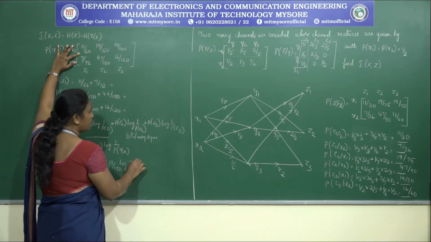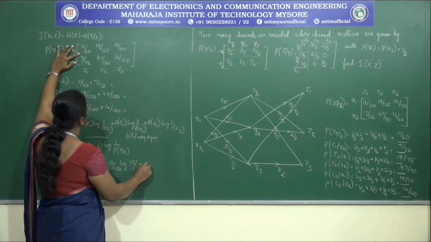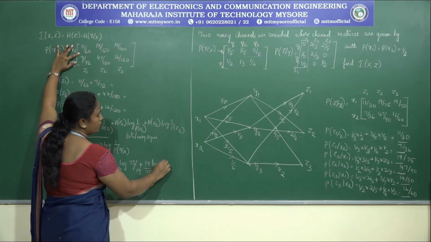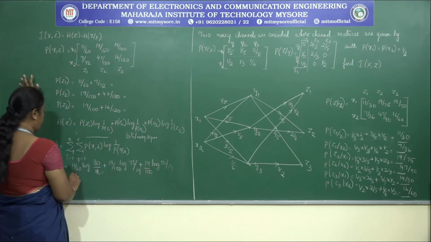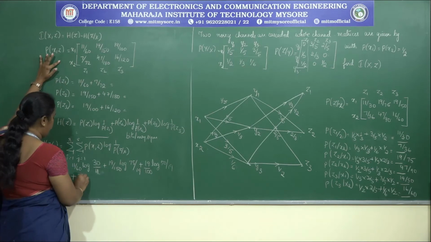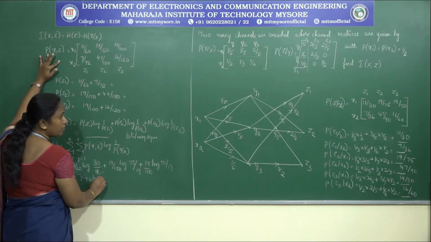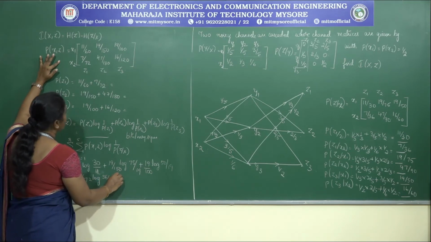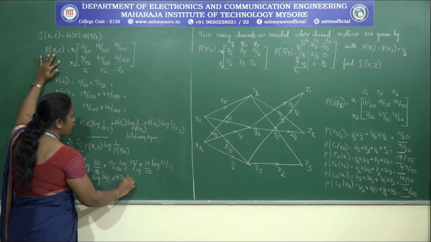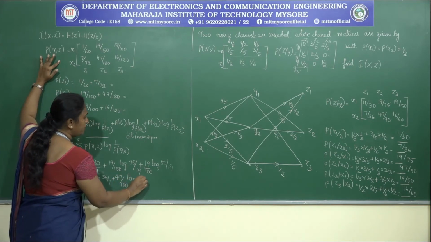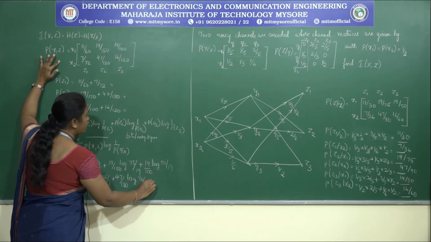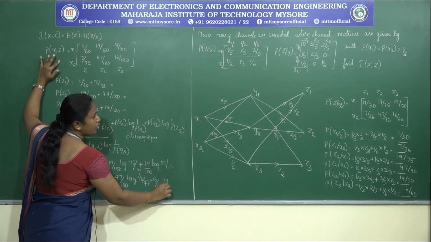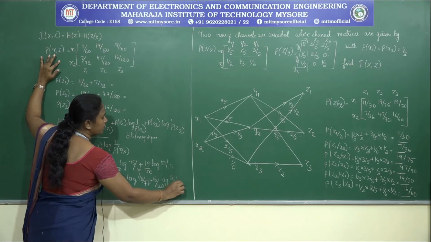So you will be getting 75 by 19 plus 19 by 100 log of 50 by 19 plus 7 by 72 log of 36 by 7 plus 47 by 180 log of 90 by 47 plus 16 by 120 log of 60 by 16.